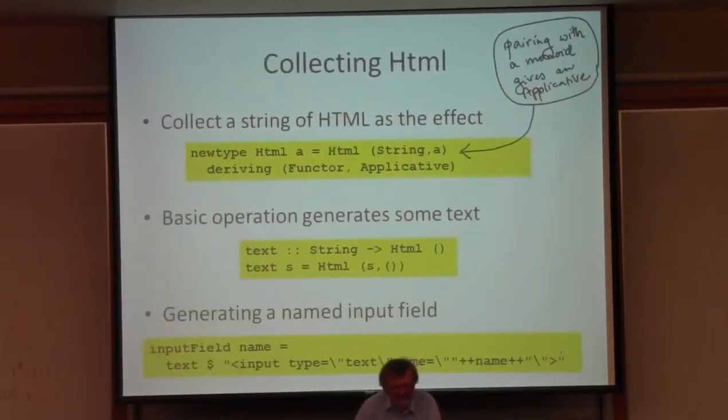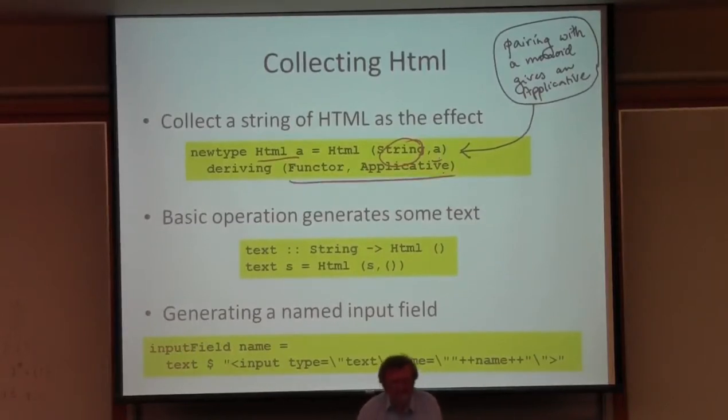Here's how we collect HTML. I'm going to define my HTML functor just to pair a string with the value. And it turns out that pairing a monoid, like strings, with a value always gives you an applicative functor, and it's in the libraries. So I can just derive those two instances.